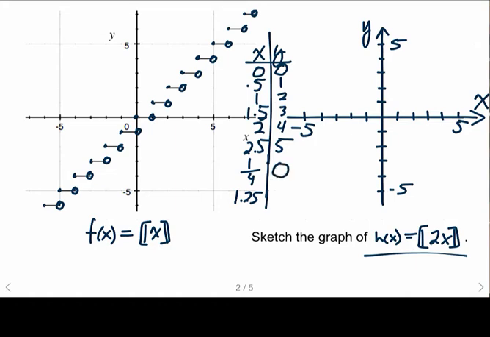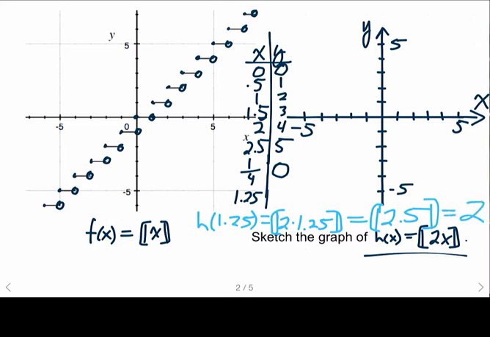The greatest integer of 2 times 1 1/4, well, let's write that out. H of 1.25 is equal to the greatest integer of 2 times 1.25. 2 times 1 1/4 is 2.5. And the greatest integer of 2.5 is 2.